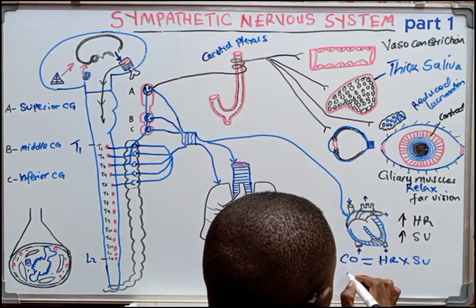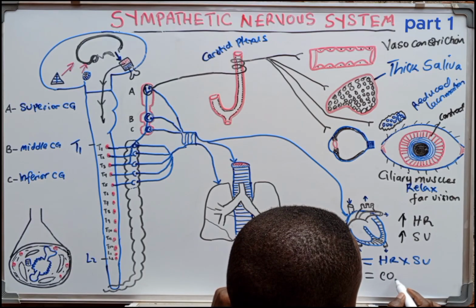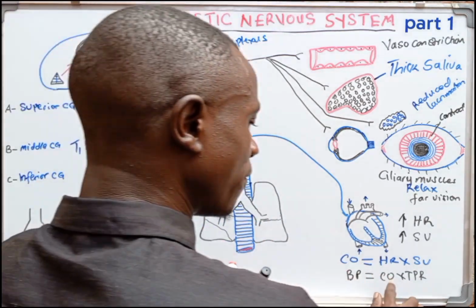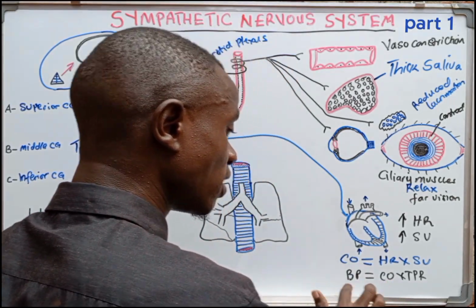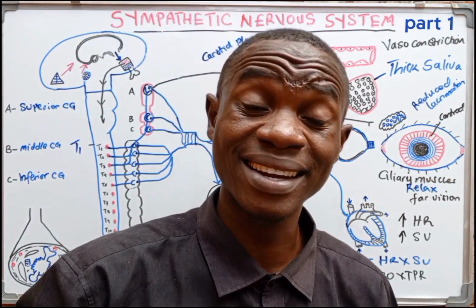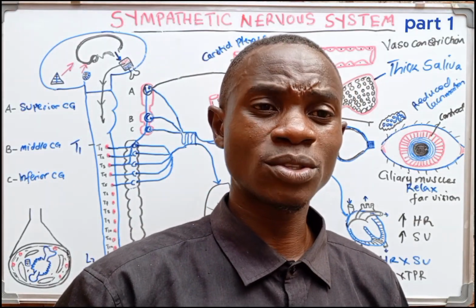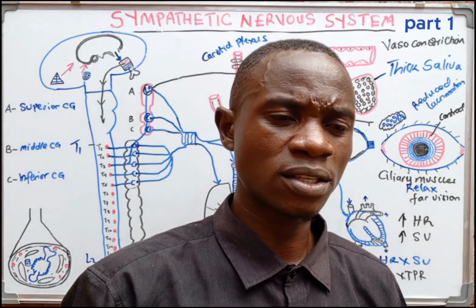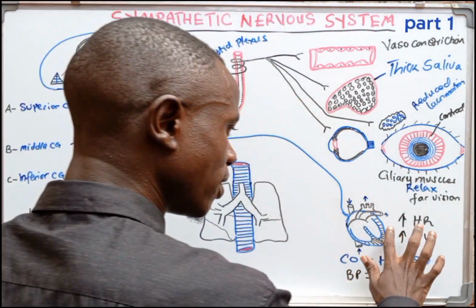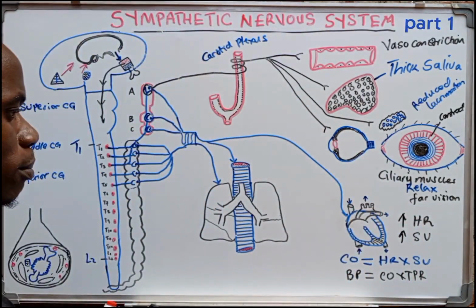But of course, we know that blood pressure is cardiac output times total peripheral resistance. It means if you have increased the cardiac output, you have increased the blood pressure. That means during sympathetic outflow, we are going to have increased blood pressure. It is another beautiful thing which is a must to know.